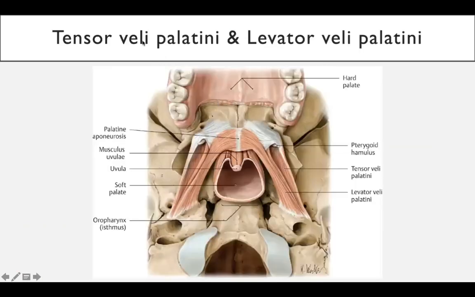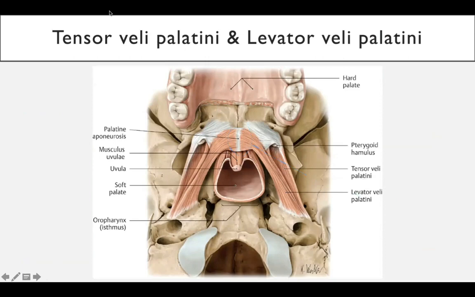Okay, so here we have tensor veli palatini and levator veli palatini. As you remember, they were taking insertion into here. So much so that this guy, which one? Levator or tensor? I think levator looks closer to the palatine aponeurosis. So it should be the levator taking origin and insertion from both here, right?